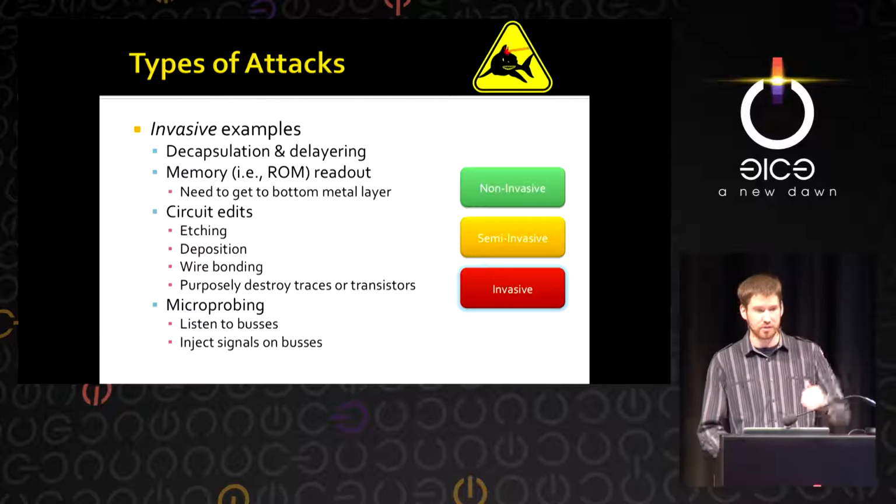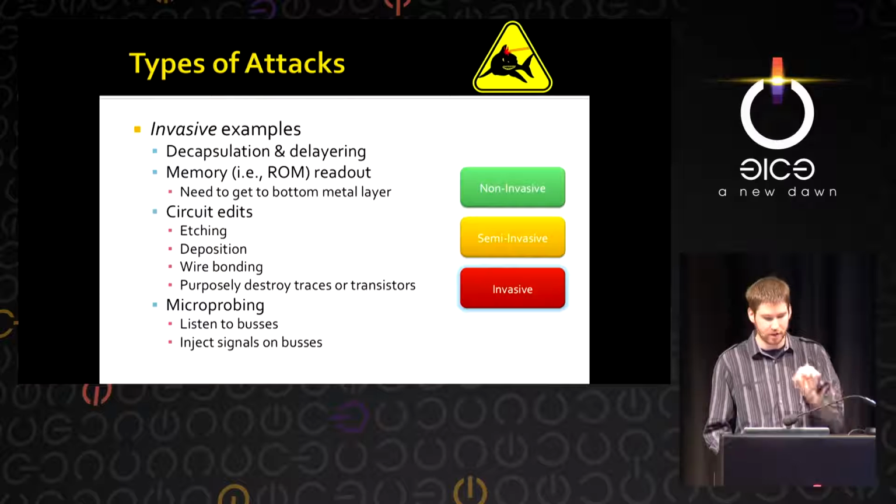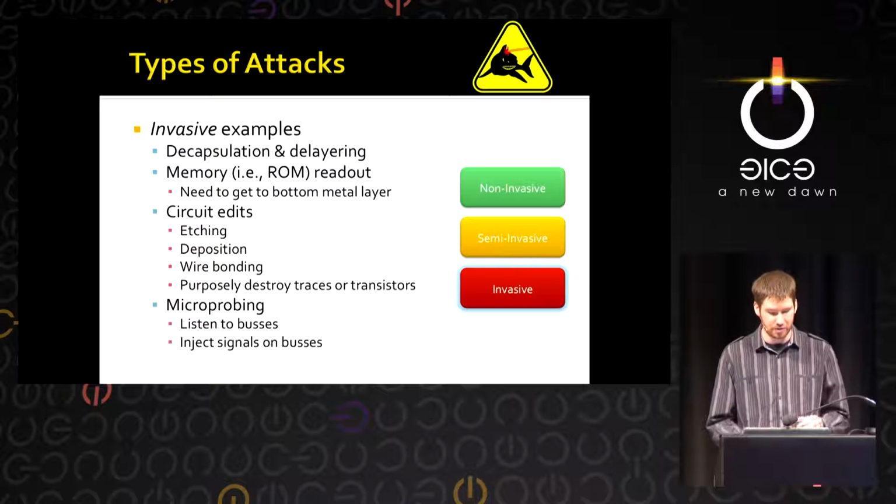So, as I mentioned previously, some examples of invasive are decapsulation, so taking the chip out of the package, and delayering the actual die. You could do a memory readout, which if the circuit has ROM, for example, you'd need to get through all the metal layers down to the very first metal layer, and that's where the actual ROM transistors are formed. You can do circuit edits, so etching, where you're removing material from the die in certain areas.